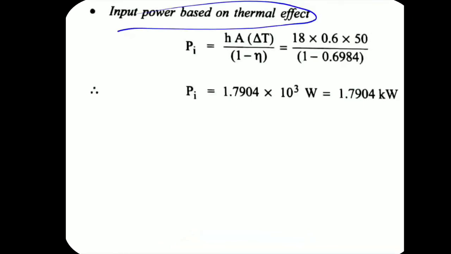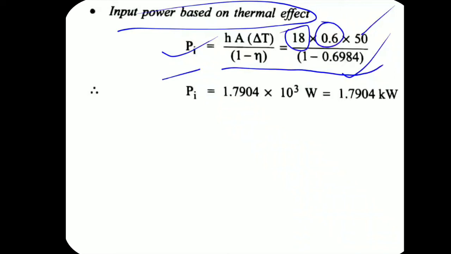We know the equation: input power is equal to H A ΔT divided by (1 minus efficiency). ΔT we know, efficiency we have calculated. H is the overall heat transfer coefficient, 18 watt per meter square degree centigrade they have given, area 0.6 meter square. So by putting this value, I will get 1.790 kilowatt input power. So likewise we need to solve the example.